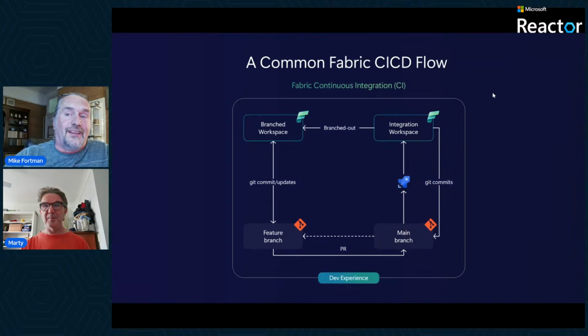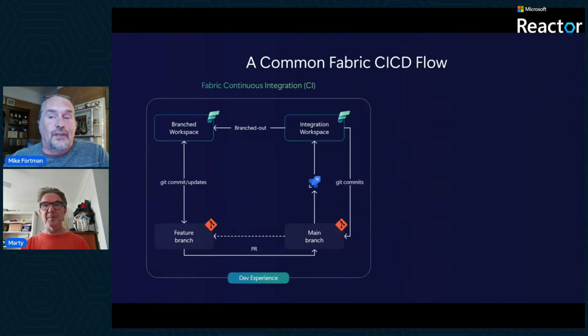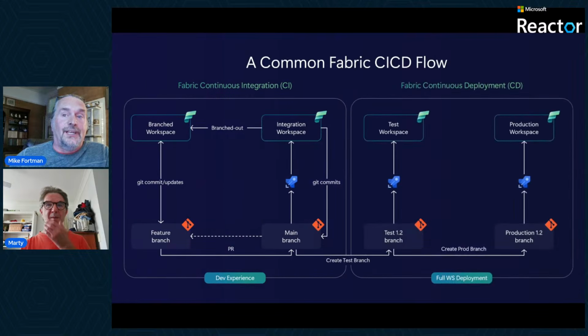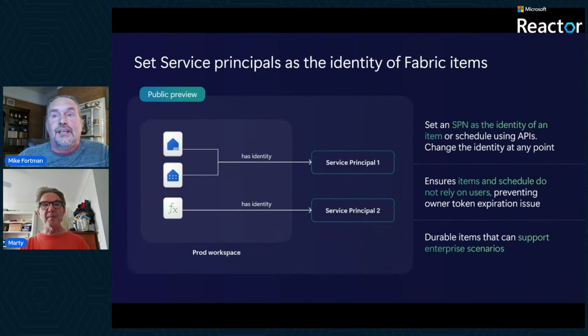Now if we can move on to the next slide, we'll add the rest of the story, where we're going to use DevOps and also some new features we'll talk about in a minute to move this from the development area into a test branch and then into production. So if we can go ahead and move on there, Marty.